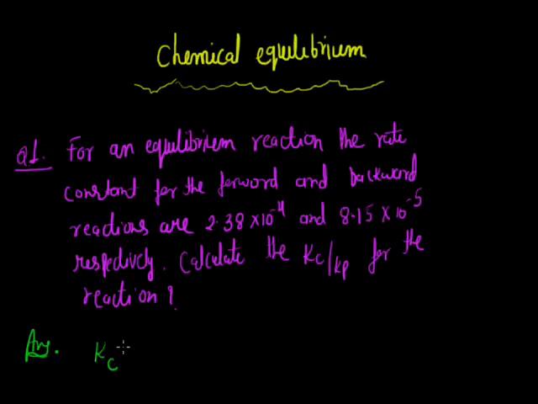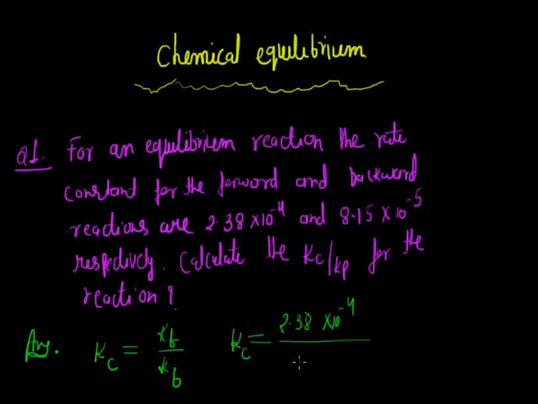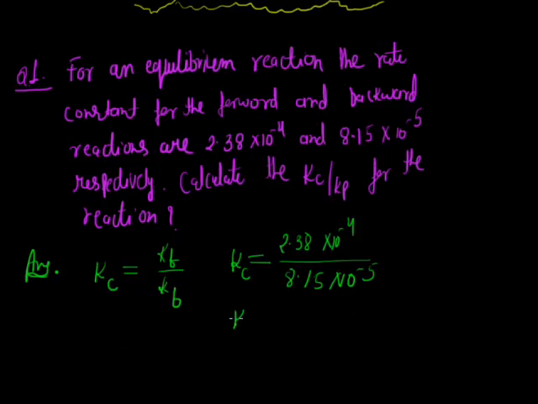So here Kc equals Kf upon Kb, the ratio of the rate constant of the forward reaction to that of the backward reaction. Kc equals 2.38 × 10^-4 upon 8.15 × 10^-5. By solving this value, we get Kc equals 2.92.